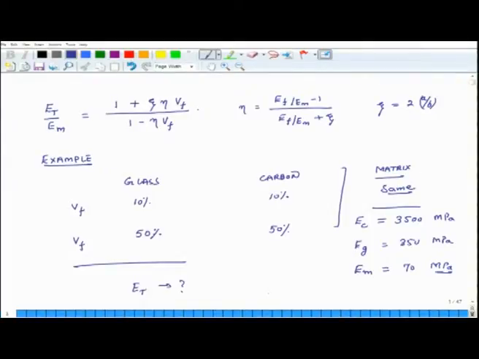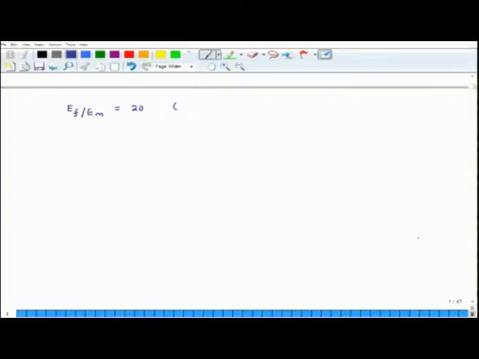So, we will address this problem, but before I do, I wanted to say that there are some changes. I would like to change some of these numbers. So, E_c is 7000 MPa and E_g is 1400 MPa. For these values, first we calculate the ratio of fiber modulus and matrix modulus.